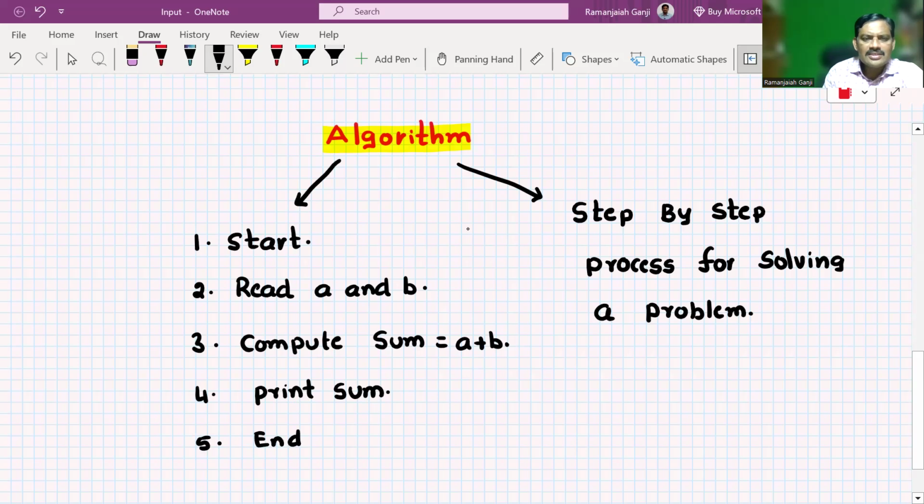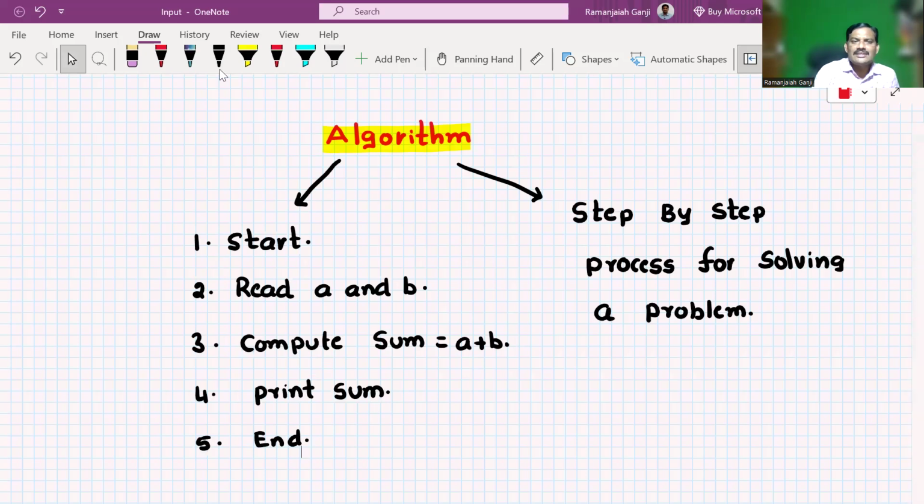Finally, this algorithm needs to be ended, stop. You may use either stop or end for algorithm ending.